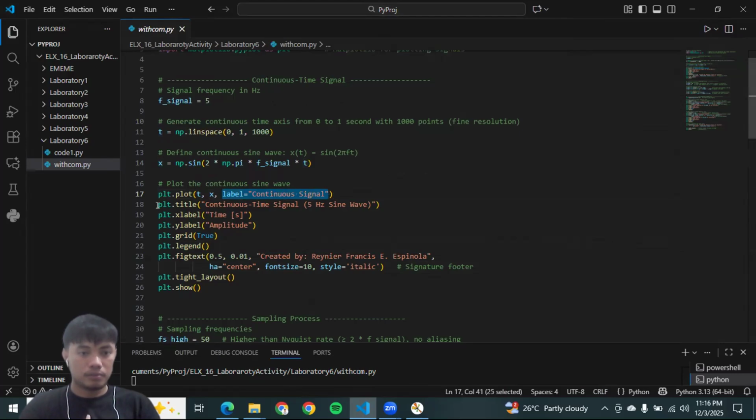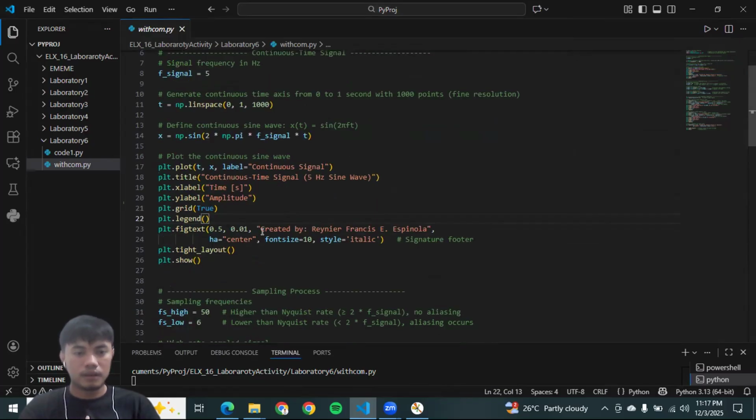Then we provide the title and the labels for the x-axis and y-axis. We add a grid so that we can see the values, and a legend in order for us to compare. We also add a signature footer, then tight layout, then show the output.